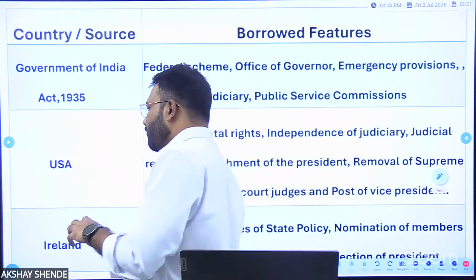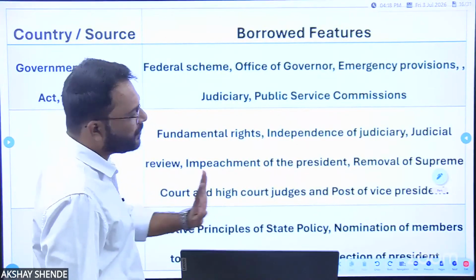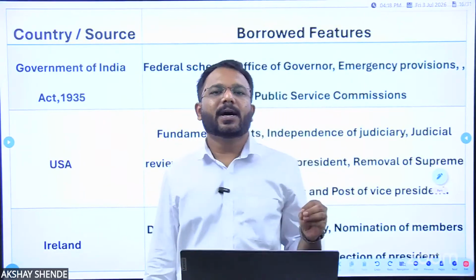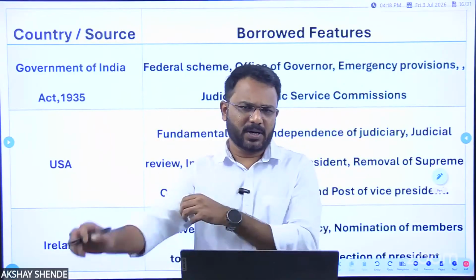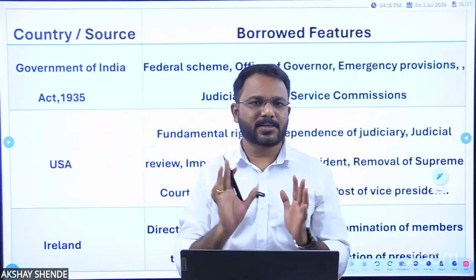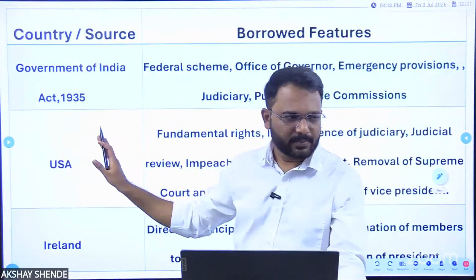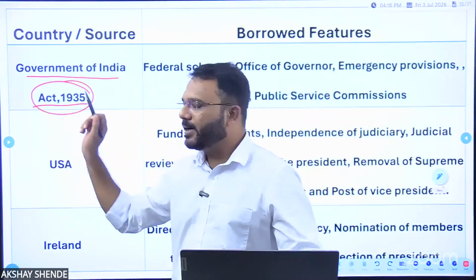Yes, so this is the country or source, and we have borrowed these features. I will try to explain how you should study this chapter, this polity. This is just an example. When you start reading, here you will read Government of India Act 1935.